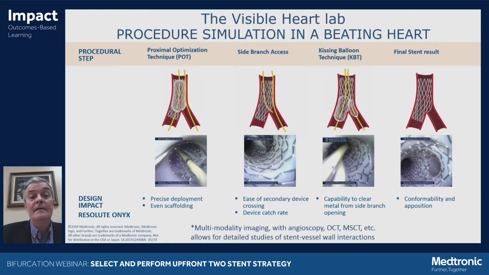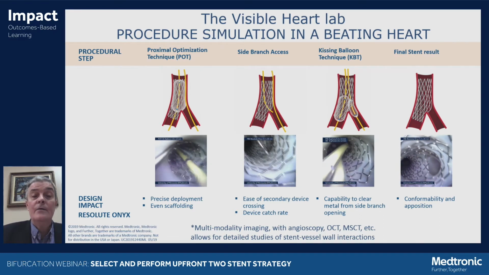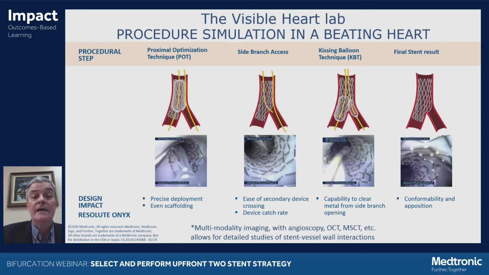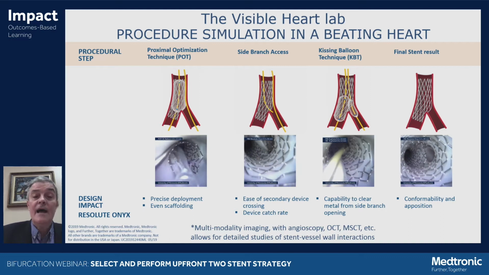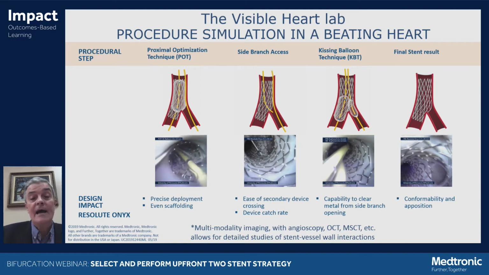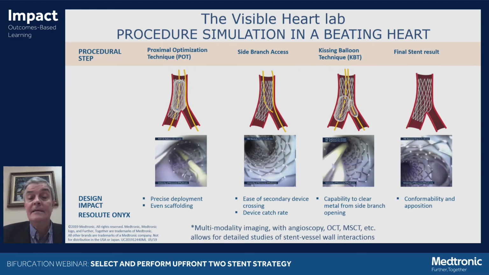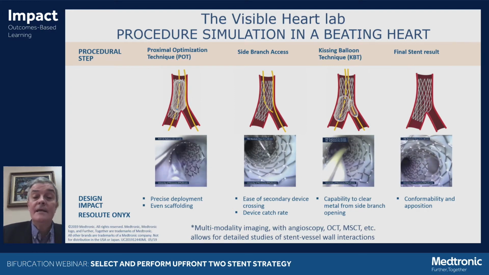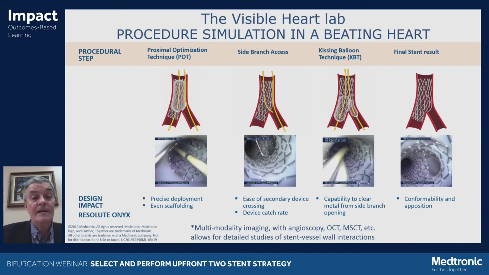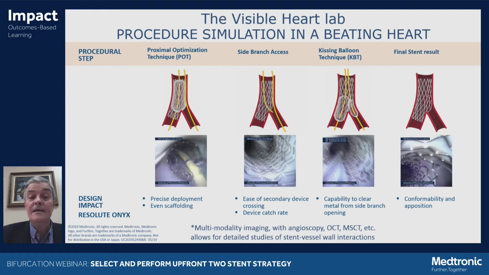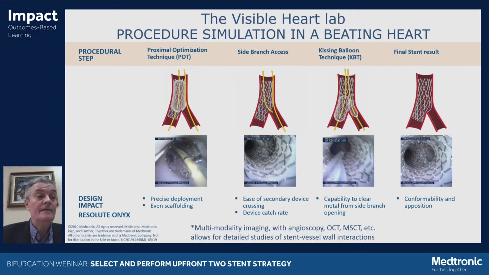Visible Heart is procedure simulation in a beating heart, and we have the possibility to use a swine heart, which is perfused, and we use angioscopy as well as other multimodality imaging like OCT and MSCT, which really allows us to study directly from inside different bifurcation stenting techniques, looking at stent and vessel wall interaction.